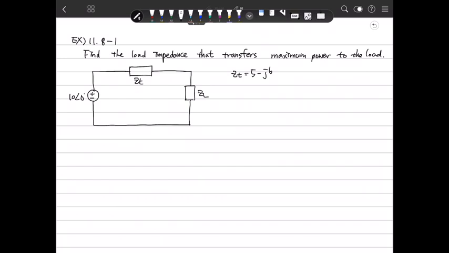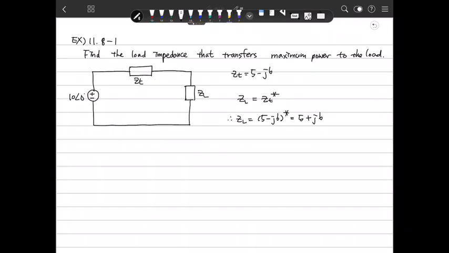So what should we do to transfer the maximum power, especially maximum active power, to the load? To do that, ZL should be the same as the ZT conjugate. So therefore, ZL should be the conjugate of 5 minus j6, which is 5 plus j6. Then what is the maximum power?